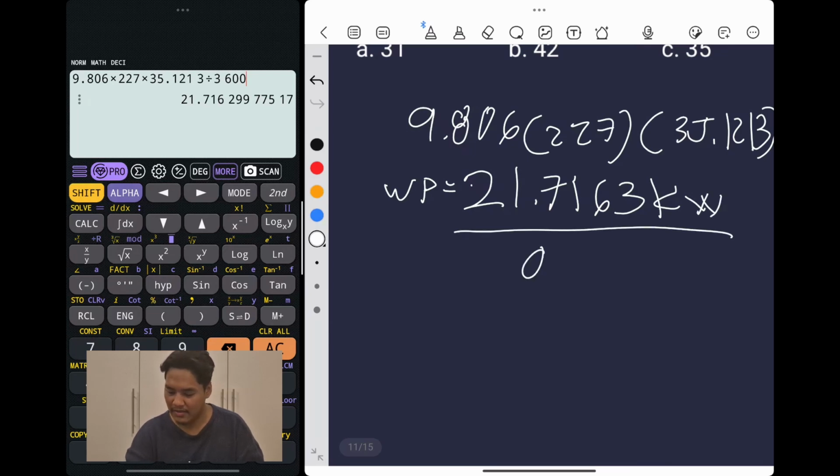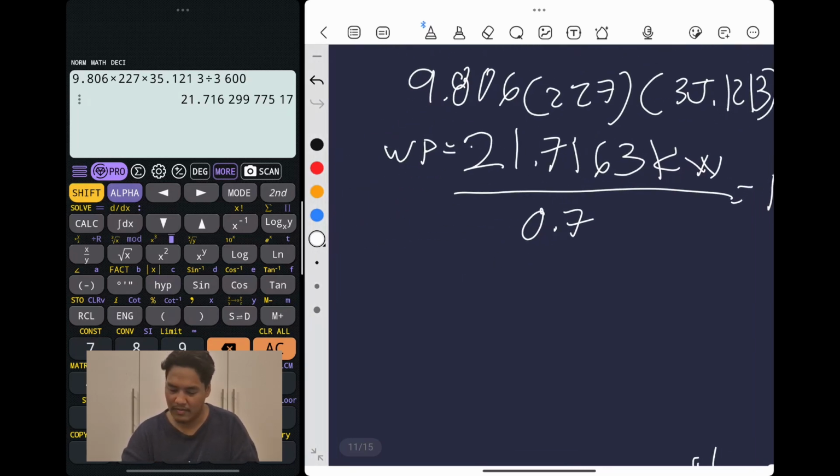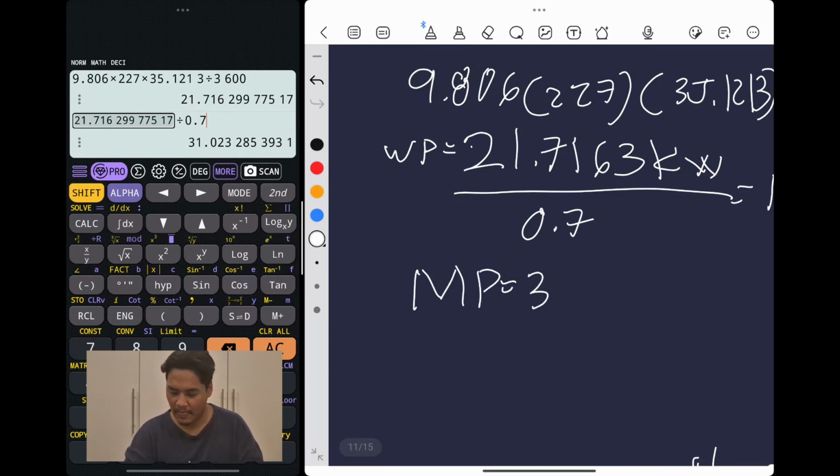Ngayon, divide na lang natin to sa 0.7 para makuha natin ang ating motor power or brake power. Divide na natin siya sa 0.7. Lumalabas ang ating motor power is equals to 31.0233 kilowatts.